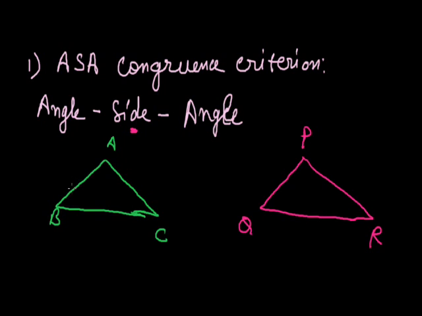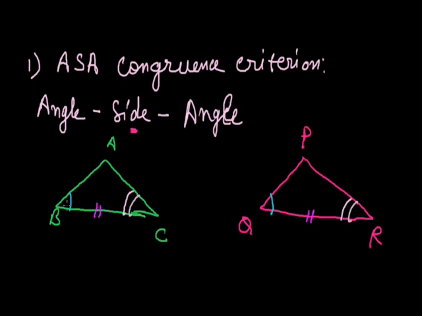That is, if angle B is equal to angle Q, angle C is equal to angle R, and BC is equal to QR, then these two triangles are congruent by ASA congruence criteria. Since the two angles, that is angle B and Q, then comes the side, that is the including side between the two angles.